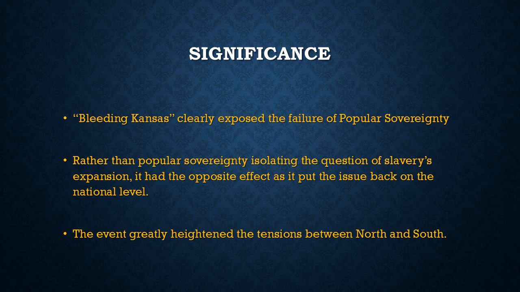And rather than popular sovereignty isolating the question of slavery's expansion in the territories, it had the opposite effect. Bleeding Kansas put the issue of slavery's expansion back on the national level. And when slavery is being debated on the national level, things get out of hand. So we can say that Bleeding Kansas was significant because it greatly heightened the tensions between both the North and the South.